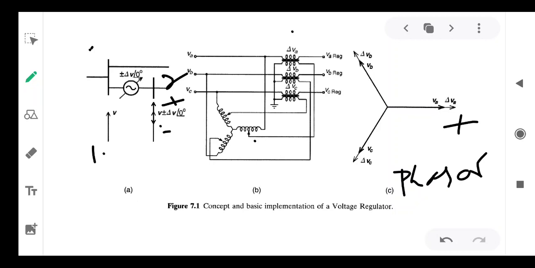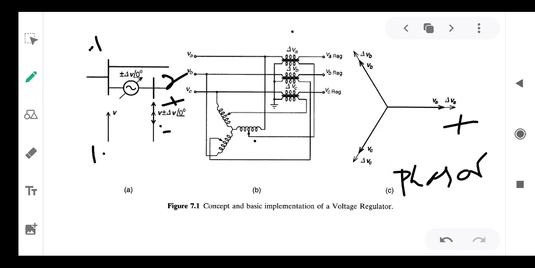This is the bus voltage 1, this is bus voltage 2. Bus voltage 1 is having VA, VB, VC in each phase. So this V is the bus voltage at bus 1.